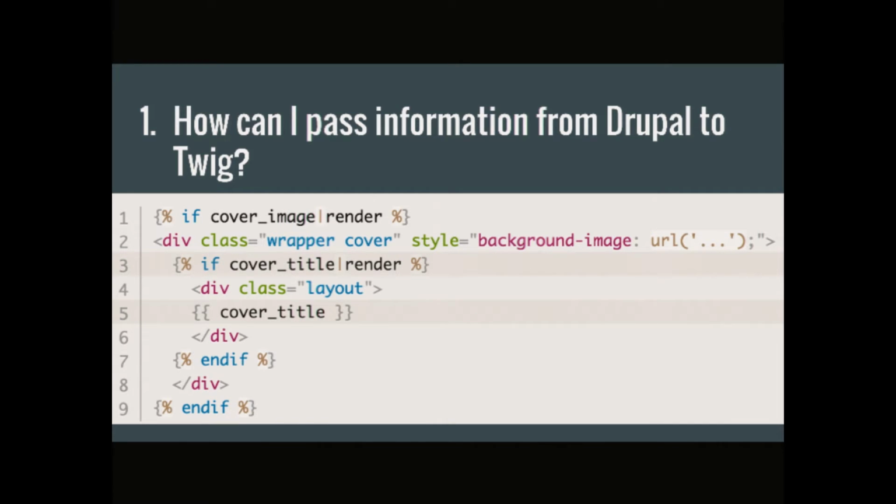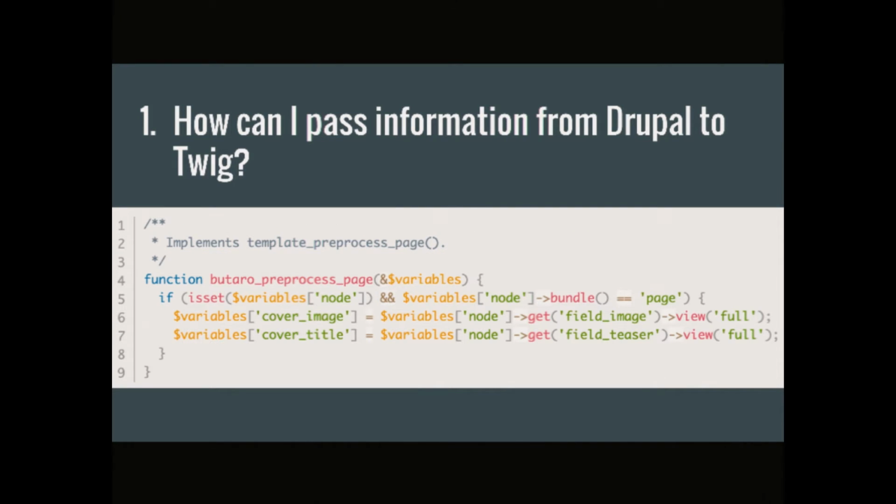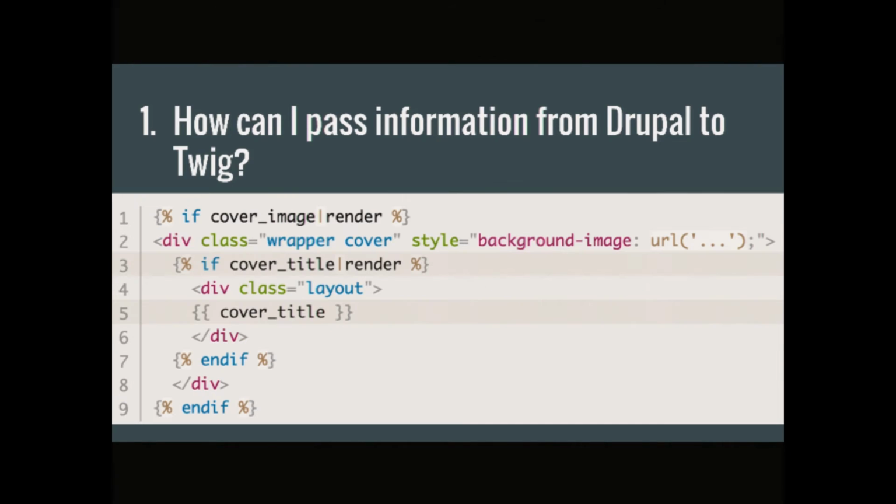Let's pay attention to line number 3 and line number 5. In one, I call the variable directly, and in the other one, I use the render filter. Why do I have to do that? The result of view full is a render array. I want to display this markup only if the variable exists.